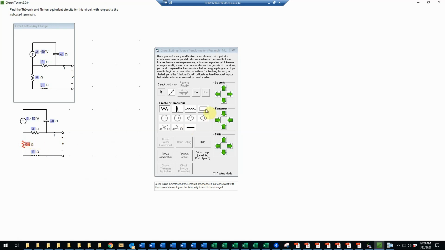So I need to change the symbol that I'm using there to be a generalized impedance, and that's actually explained down here. So I've changed that, and then I want to change this to a short because I've basically subsumed that impedance into this one, and I don't want to duplicate. And of course, it wouldn't be an open circuit. That would leave my whole circuit open, which wouldn't make any sense. So I check that, and that is correct.